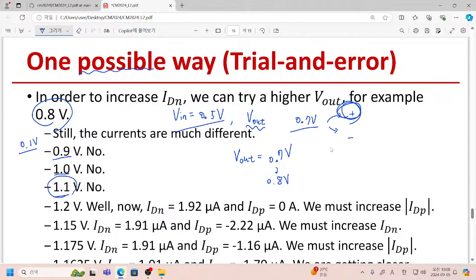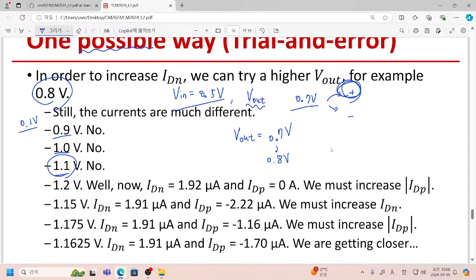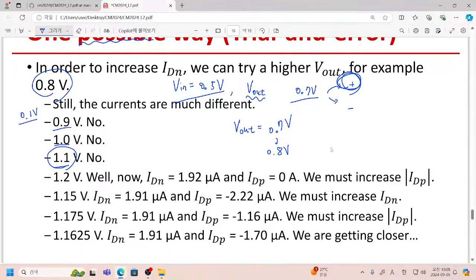Even in this case, 1.1 volt, our NMOSFET current is still way lower than the PMOSFET current in its absolute sense. And if we go to 1.2 volt, the maximum voltage we can expect, in this case, wow, our PMOSFET now doesn't have any current at all, and NMOSFET now conducts a little current.